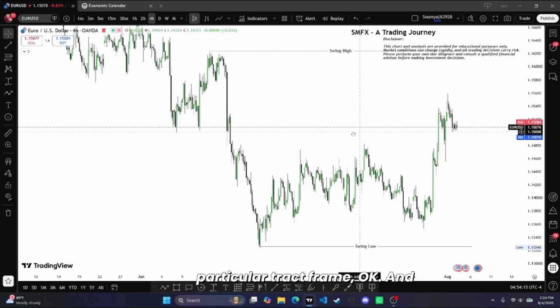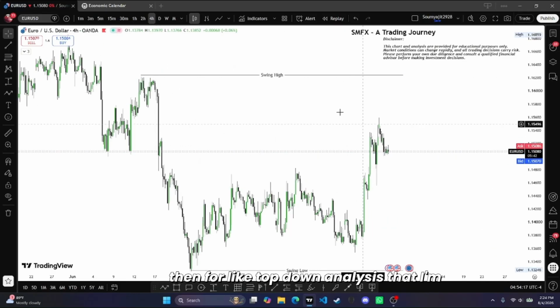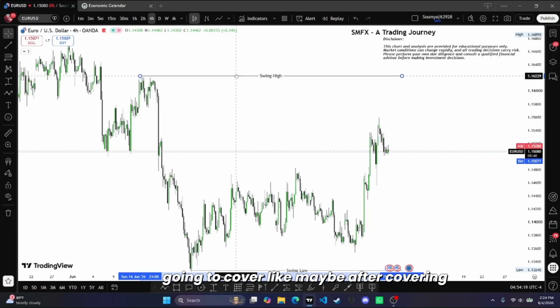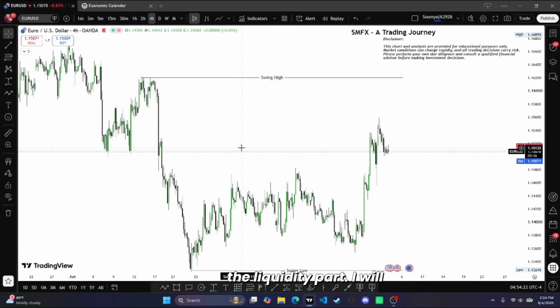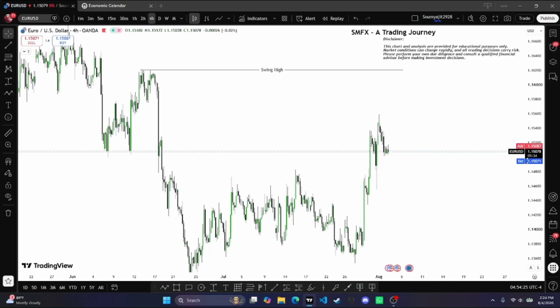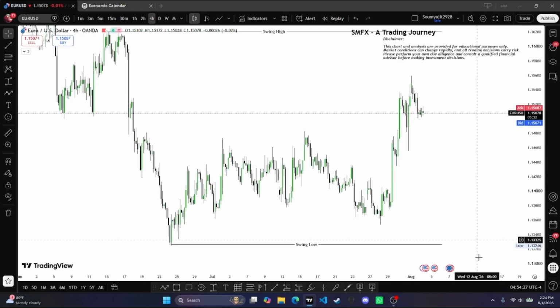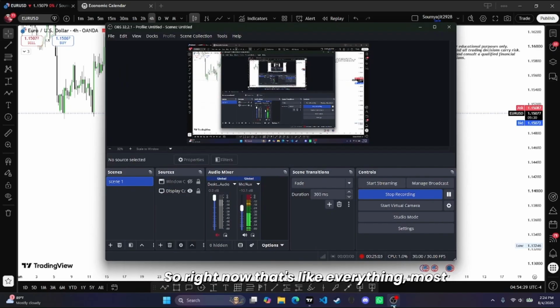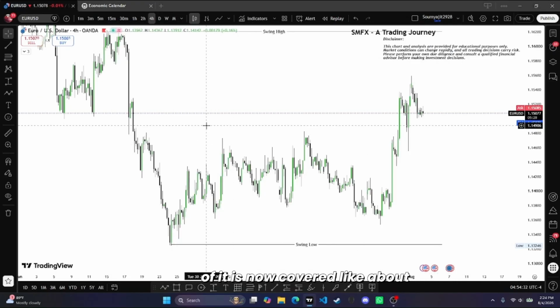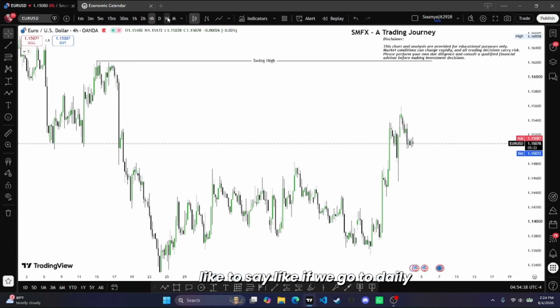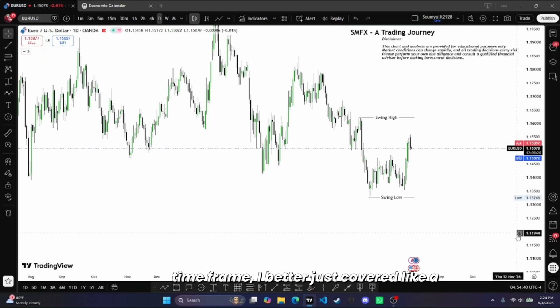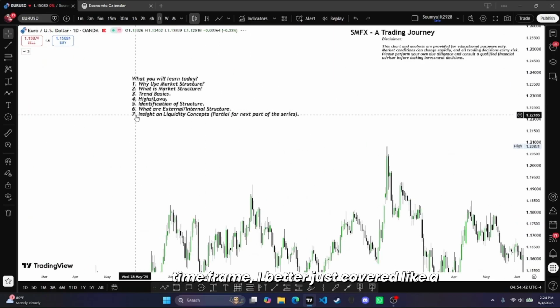For top down analysis, I will explain that after covering the liquidity part. So right now most of market structure is covered. And if we go to the daily time frame, I have just covered a partial amount of this.